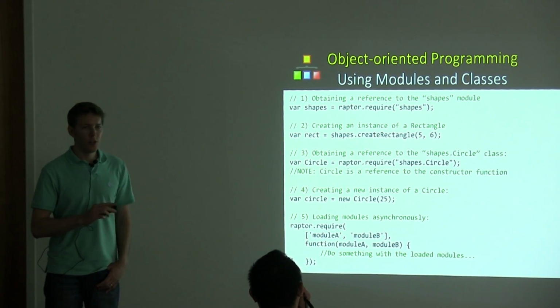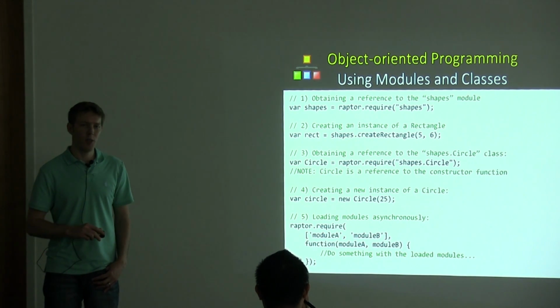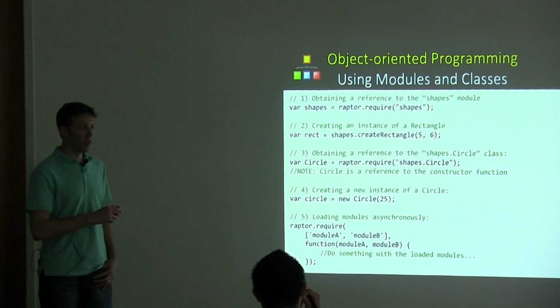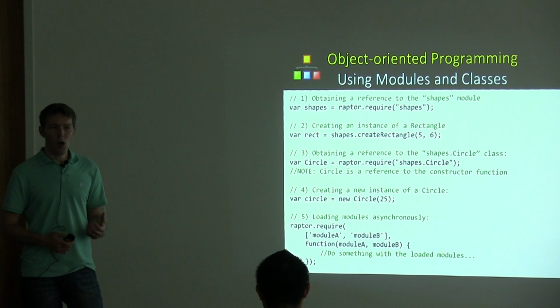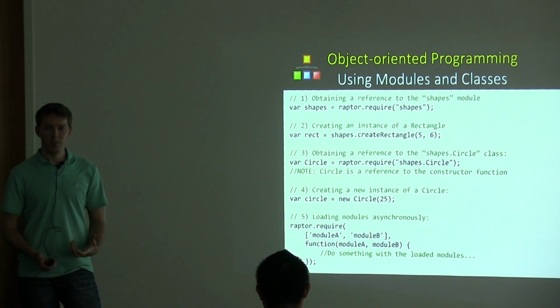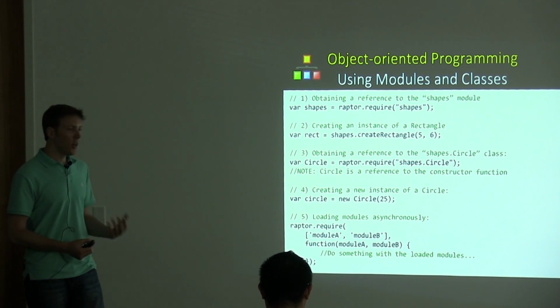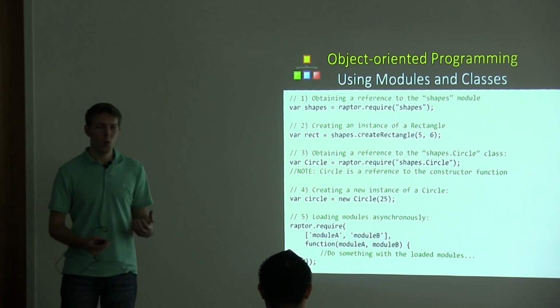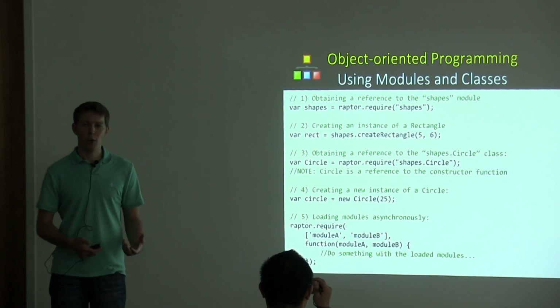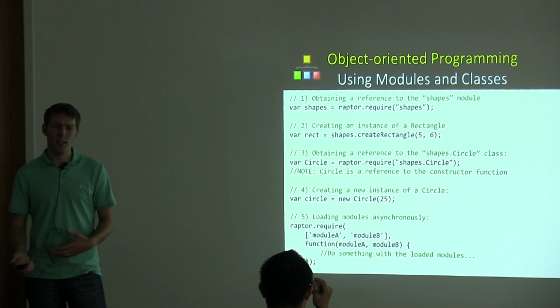And lastly, I want to show you the code for actually doing asynchronous module loading. The code in the previous examples all assumed that everything was already loaded, so that the code has already been sent down to the browser, or it's already loaded into your JavaScript environment. But you may also have to handle the case where you want to use a module that you don't already have the code loaded for.